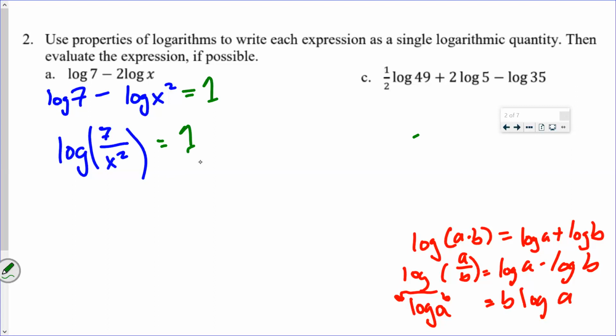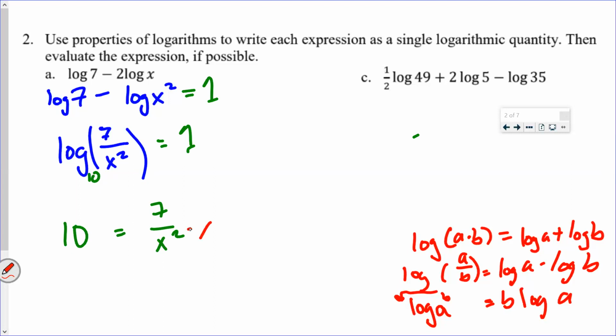So now it's kind of like the 5-6 test or this chapter 7. We're going to have problems like this, that if the base is 10 here, it'd be 10 to the first equals 7 over x squared. So see how I'm changing from my log form to my exponent form. Well, 10 to the first is just 10, and then I'm going to solve for x squared.